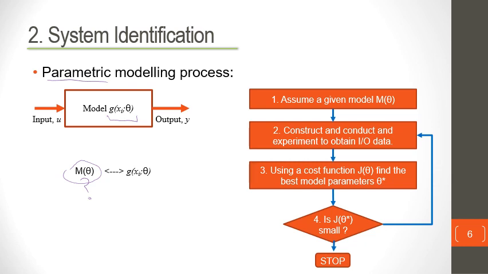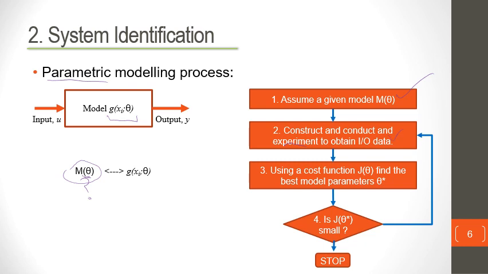And now our job becomes to check if this guess of ours is successful, and secondly to find out what the value of the parameters is. So the process which we embark on can be summarized as thus. The first step is to assume a given model structure, M of theta, and then we conduct an experiment to obtain input-output data.